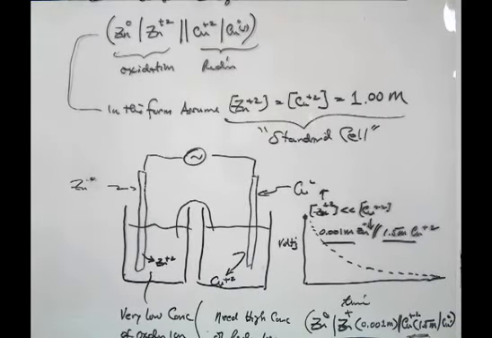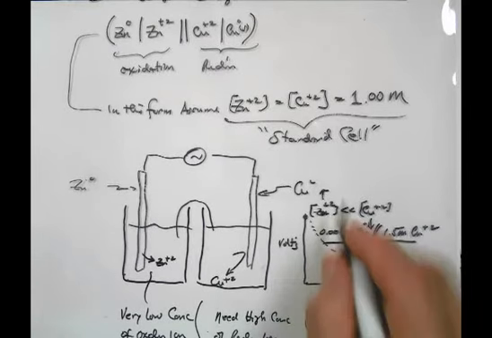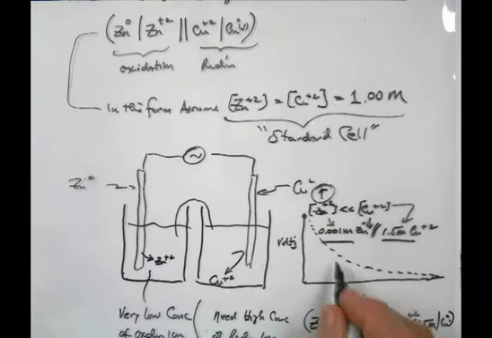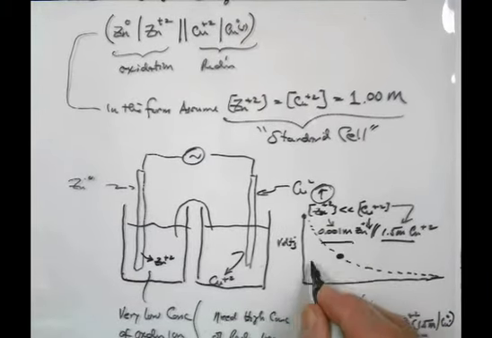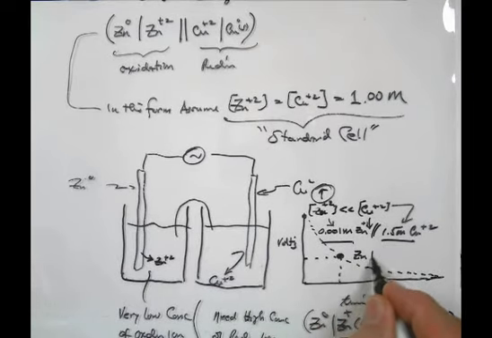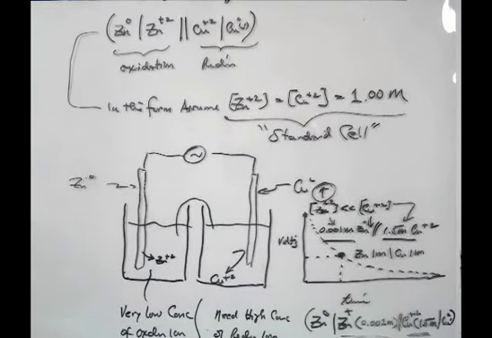So these two are not always one. Where are they one? If the zinc concentration here is going up and that one's going down, what happens is at this point on this curve, you will have zinc 1 molar and copper 1 molar at a very specific point on that curve.